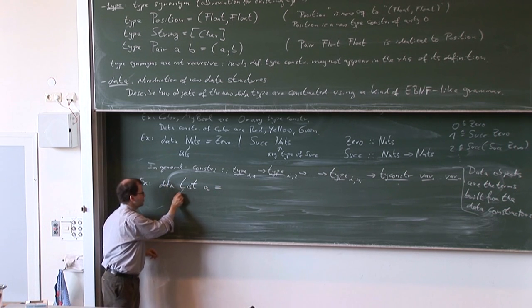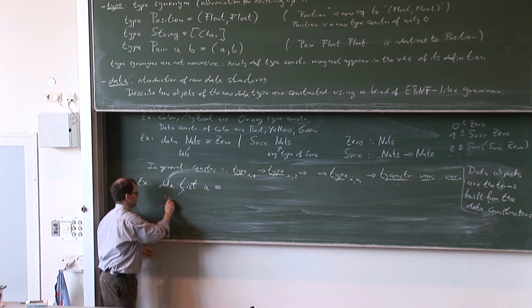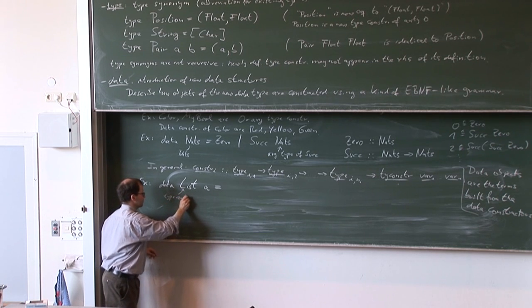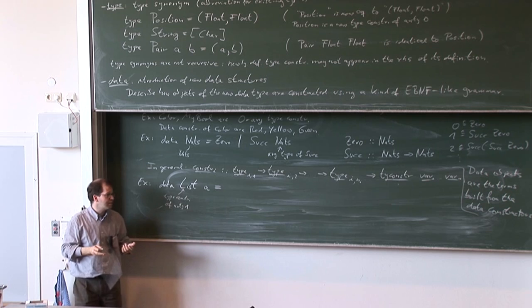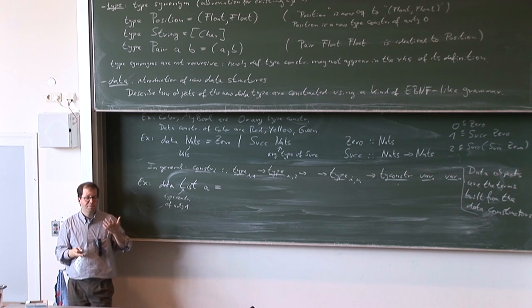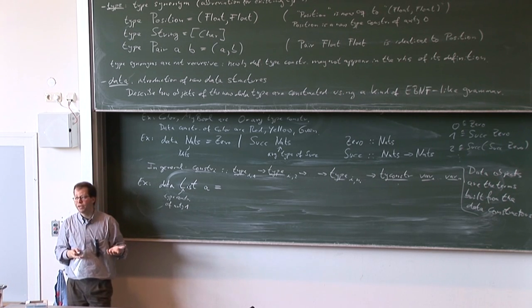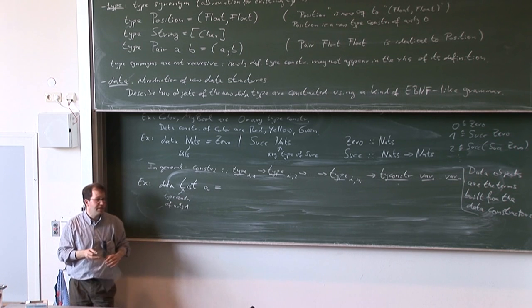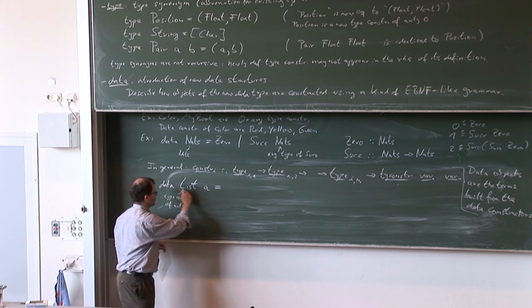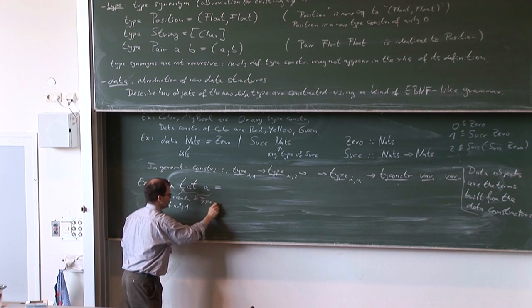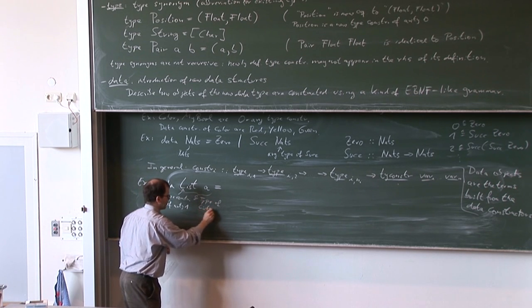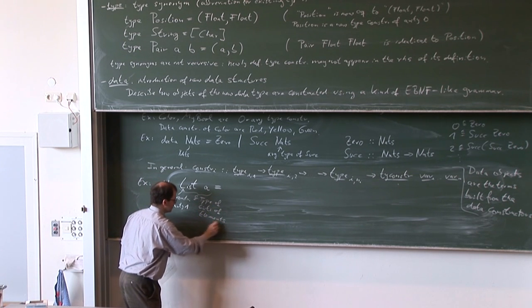So now List is a new type constructor of arity 1. And if we write List A, then the meaning is this represents the lists where all the elements have the type A. And A is a variable. So this represents the type of lists of elements of type A.